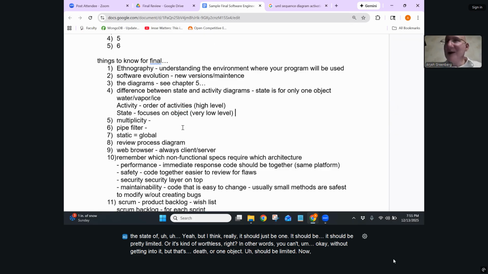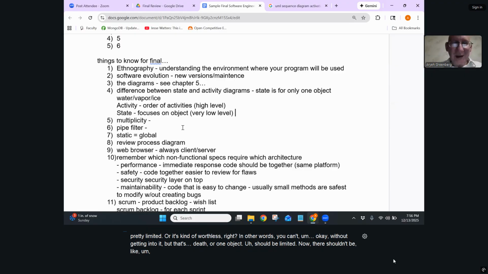There shouldn't be 50 states something can be in, because if it's 50 states, then it's probably not a state diagram. It's probably more about what the object is doing rather than what it is. The state says what the object is. For example, the engine could be in two states, on or off.